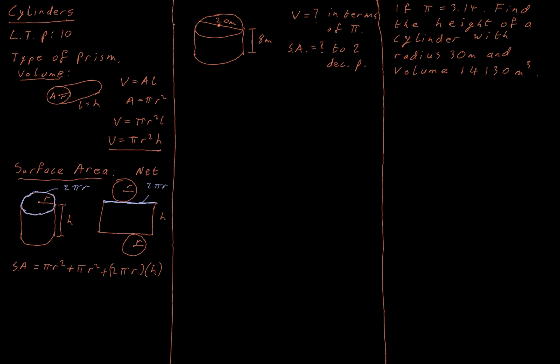But if we think about this rectangle, I've colored in the top of my cylinder, and I can see that going around my cylinder, I go around the circumference of the top circle.